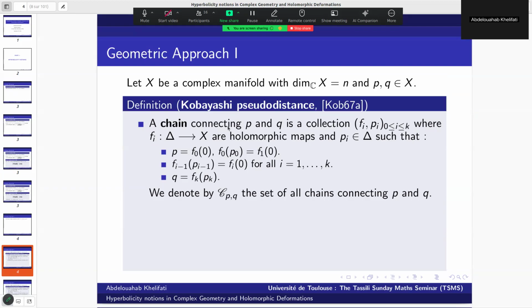What we call a chain connecting two points P and Q is a collection of holomorphic maps f_i and points p_i following such a path.